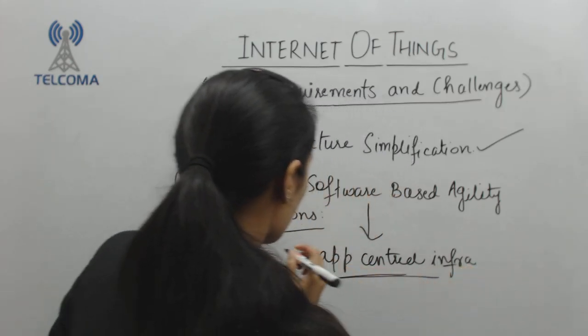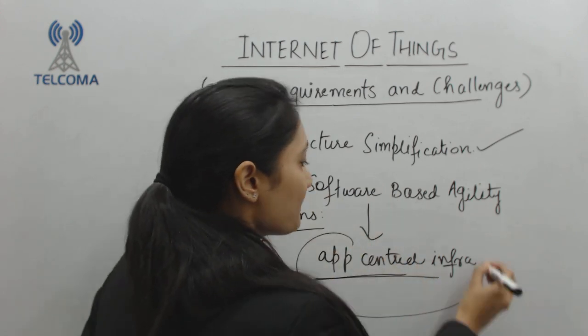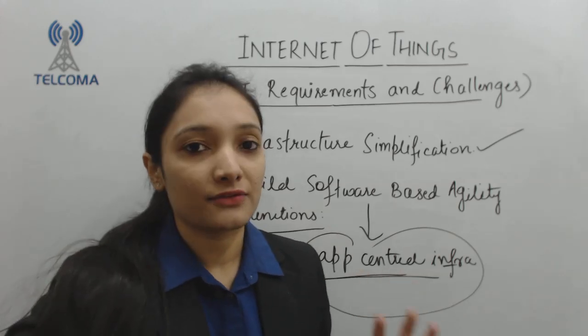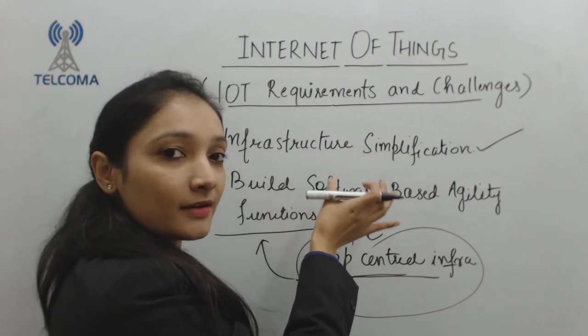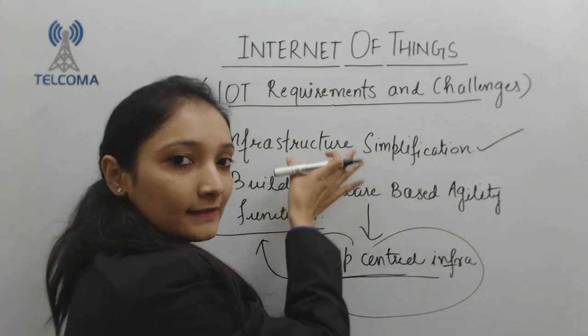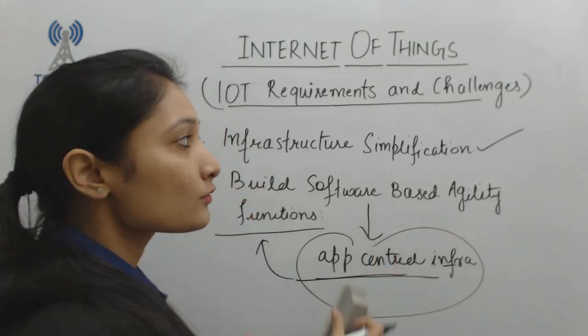So we need to build such kinds of functions which are mainly app centered or support that kind of infrastructure. So that means the requirements are from your hardware side, that is the deployment of such a structure, and then to your software scenarios also.